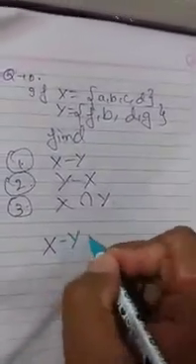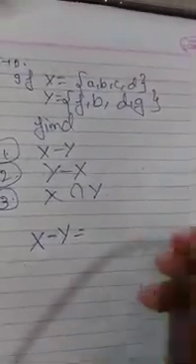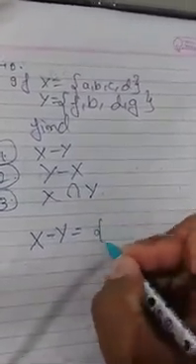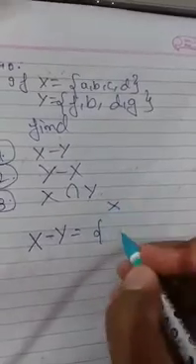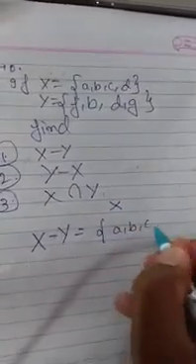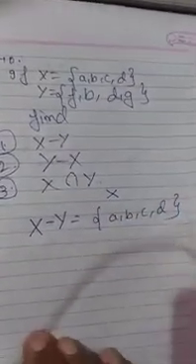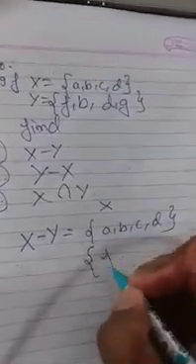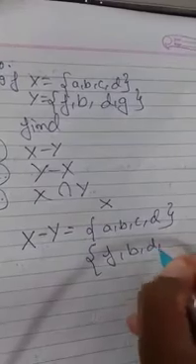X minus Y. In the introduction section I have already told you how to subtract two sets. Now first we will write the X set: set X is a, b, c, d, and Y below it: f, b, d, g.